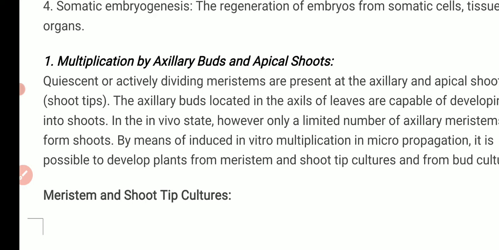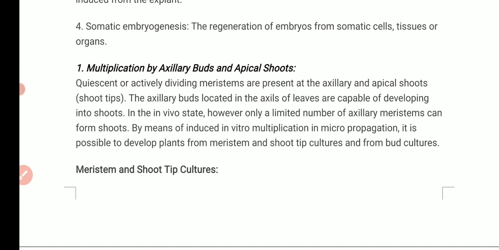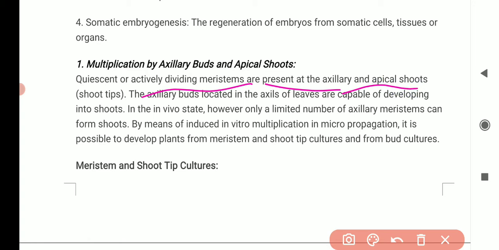I have told you many times what the meristem is. If you have forgotten, just Google. Actively dividing meristems are present at the axillary and apical shoots. So they're present at the shoot tips. These buds can develop into shoots.